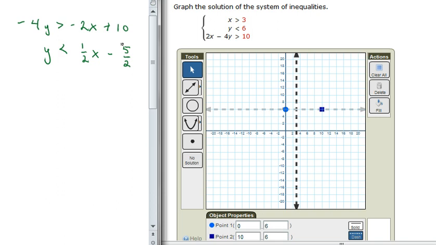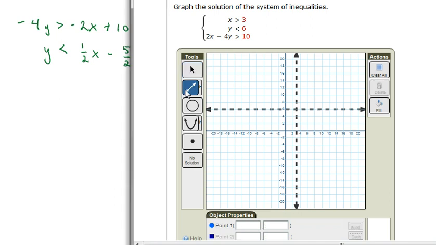And so this is a line with y-intercept negative 5 halves. So 0, negative 5 halves. And I want to pick another point. So let x equal 4.